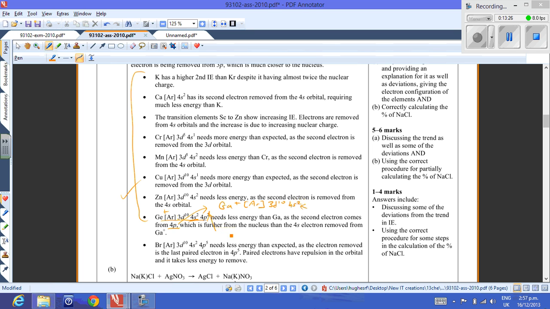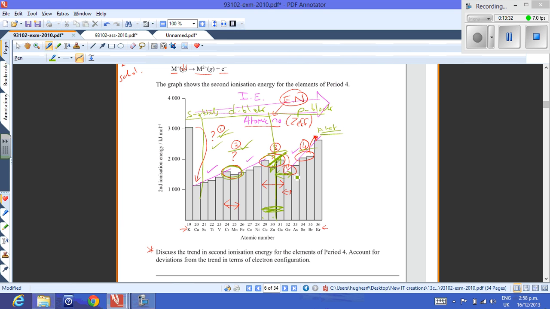So further from the nucleus and not a full orbital. And that accounts for this anomaly right here, from gallium to germanium. Then the trend behaves as normal.